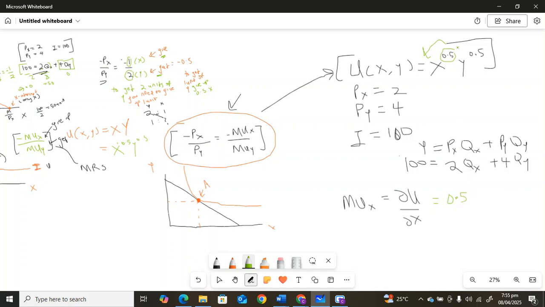Then you always subtract 1 from the exponent, so 0.5 minus 1 is negative 0.5. So you have 0.5x to the power negative 0.5. Then this y, you're not going to derive it. It stays the same, y to the power 0.5. Any questions before I move further?